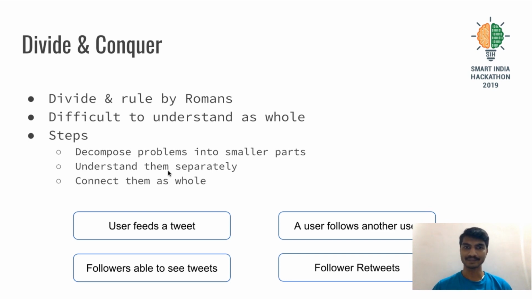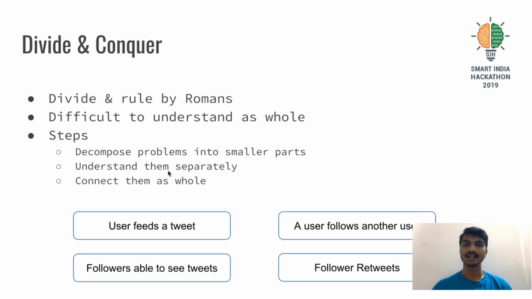So let's take an example. For example, we are going to create an application, something like Twitter. We're just going to imagine that we are going to recreate the Twitter application. So what will the user do in Twitter?